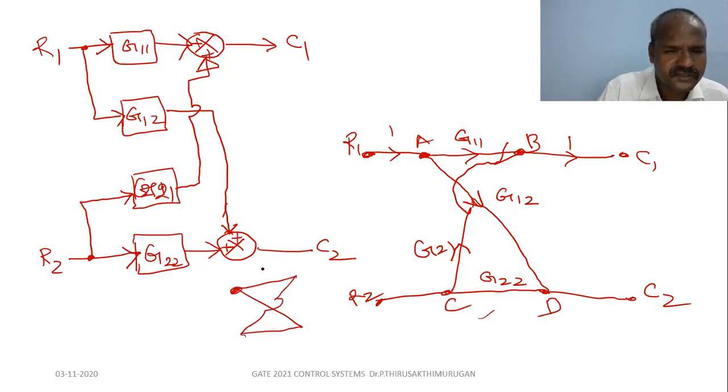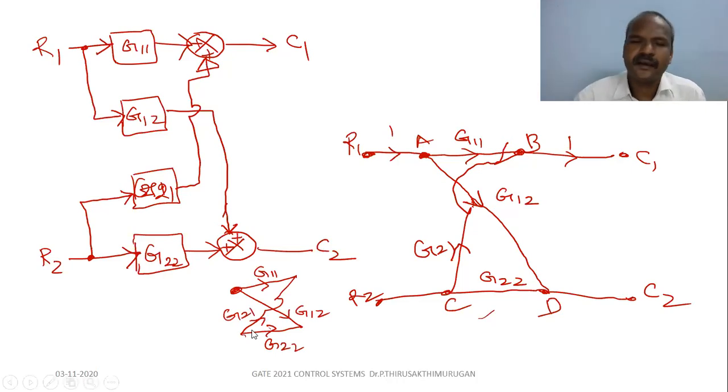So this is G11, this is G22, this is G12, this is G21. This is a typical representation of a signal flow graph.